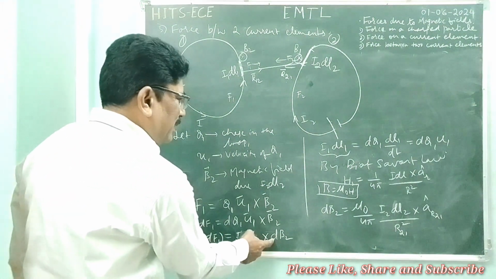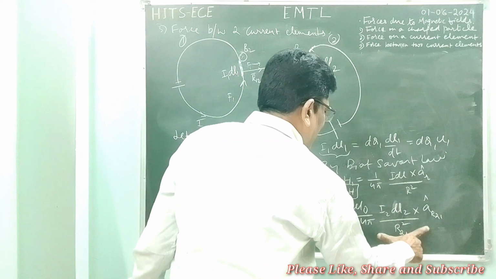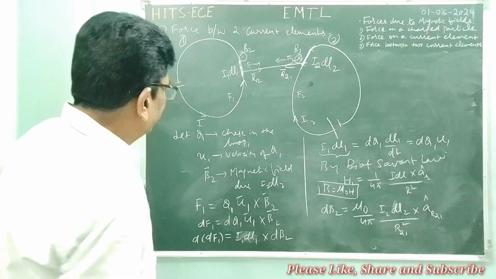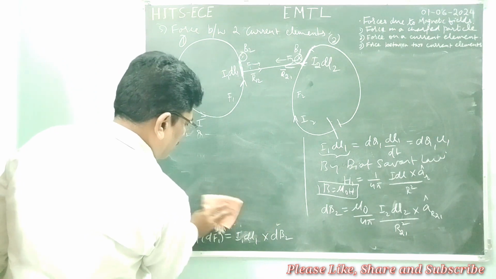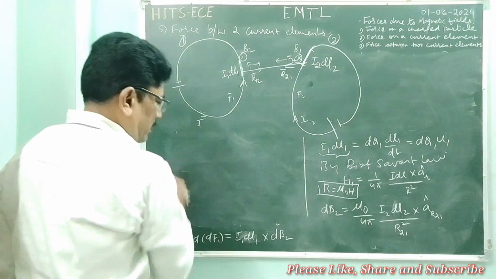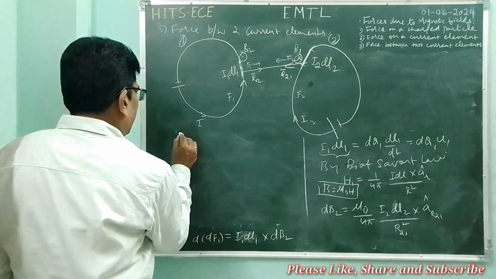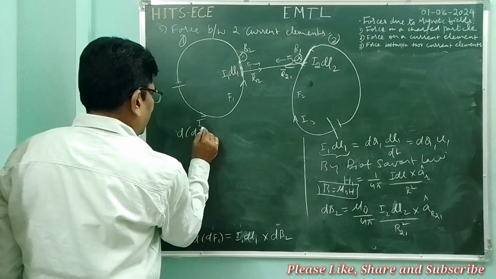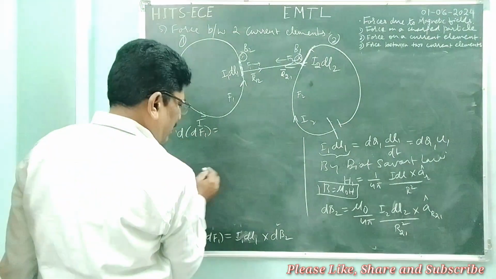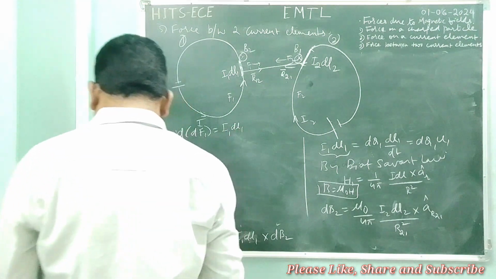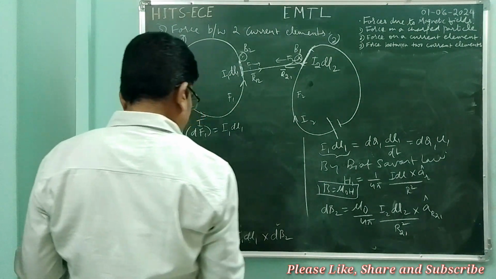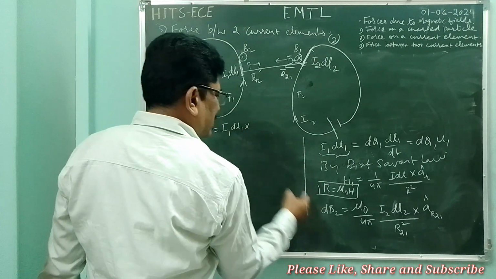Wherever dB2 is there, let us place this expression. So d of dF1 is equal to I1 dL1 cross, what is dB2?